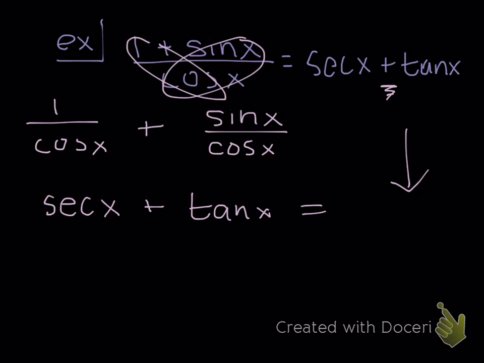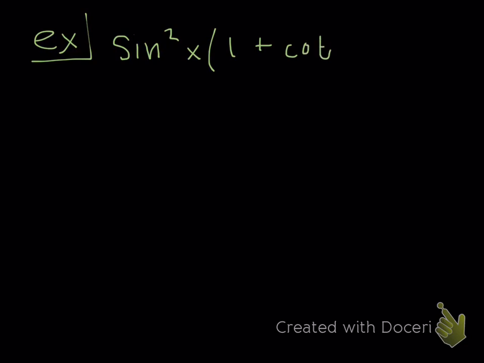All right, let's try this one. All right, so here our example is sine squared of x times the quantity of 1 plus cotangent squared of x equals 1.